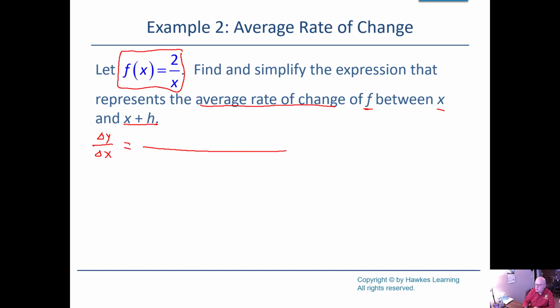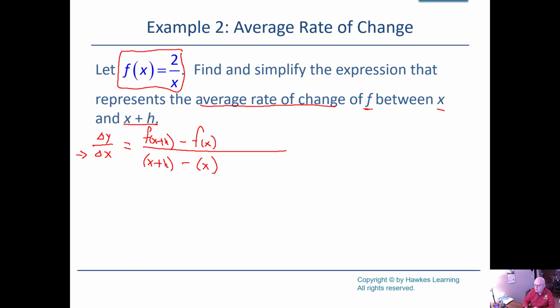And let's start with the easy part, the x's. This is your second x value, and this is your first x value. We're going to subtract those for the denominator because we want delta x, change in x. On the top, we're going to take f of x plus h minus f of x.